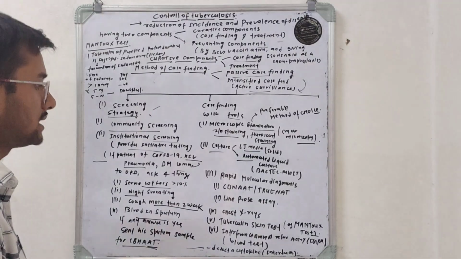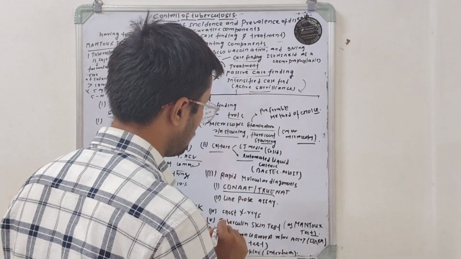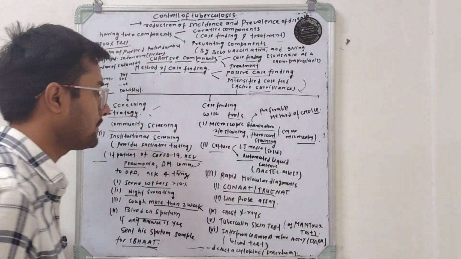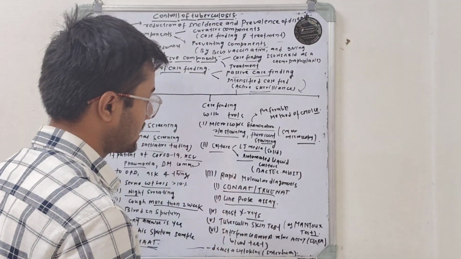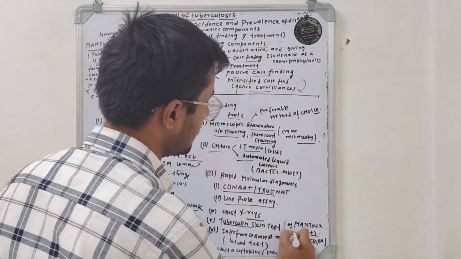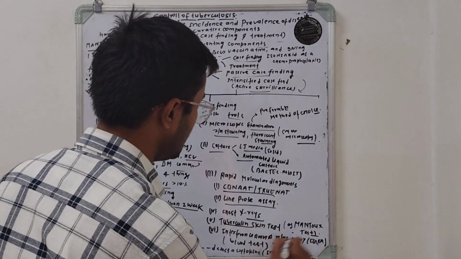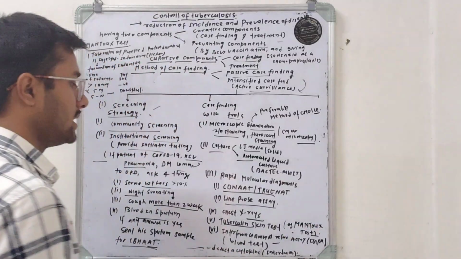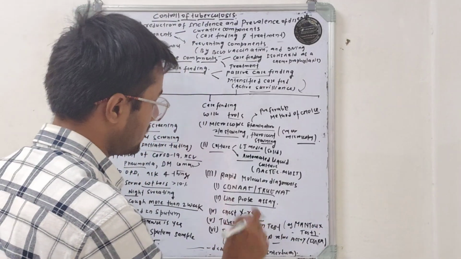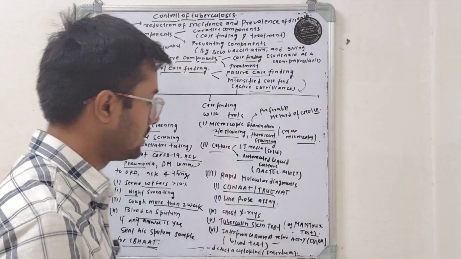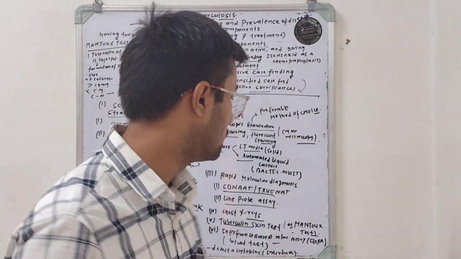Rapid molecular diagnosis includes CB-NAT, TrueNAT, and line probe assay. We can also go for chest X-ray, the tuberculin skin test, for example the Mantoux test, and the interferon gamma release assay called IGRA. It is basically a blood test to detect the cytokine interferon in the blood.